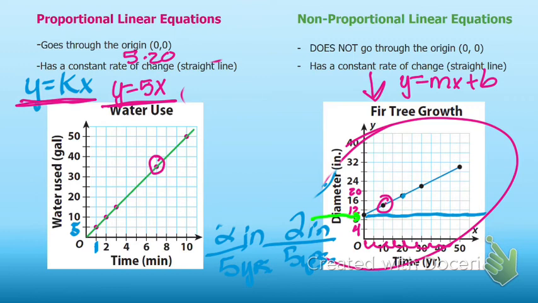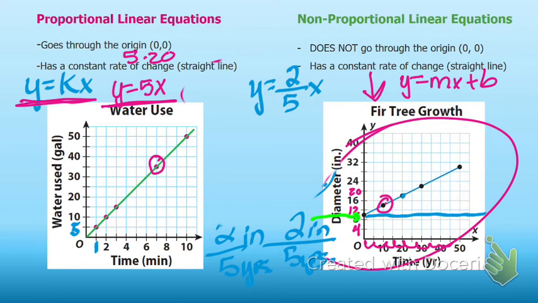What was our rate of change for our fir tree? 2 inches every 5 years. We don't label it, we just write 2/5. What goes after our rate of change? Look at the formula. What goes after M? Say it loud. X. Am I done?